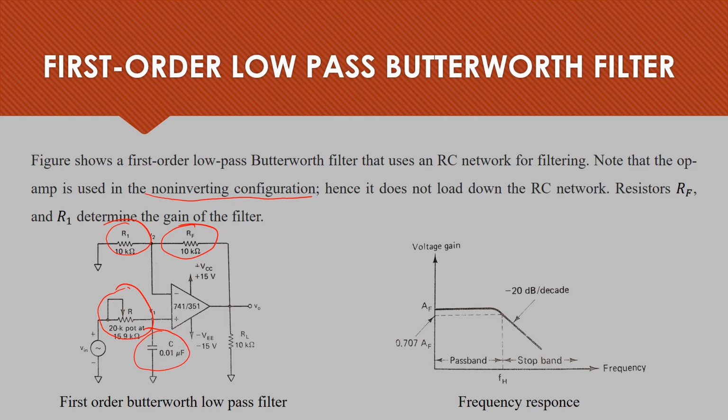So you can see here that the FH cutoff frequency is where the amplitude is 0.707 of AF, or you can see this is minus 3 dB down from AF, where AF is the gain given by this op amp.